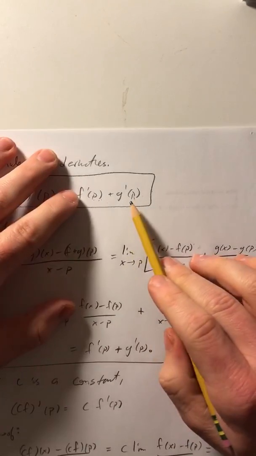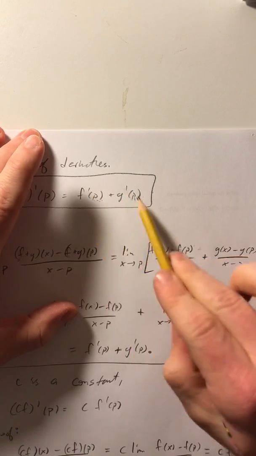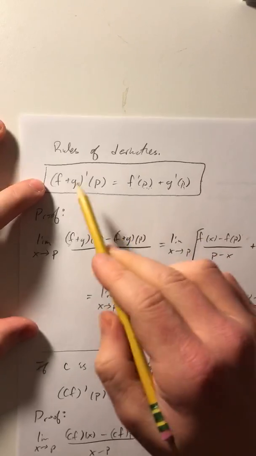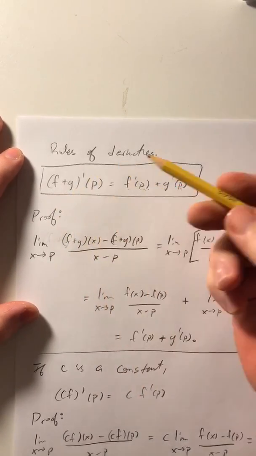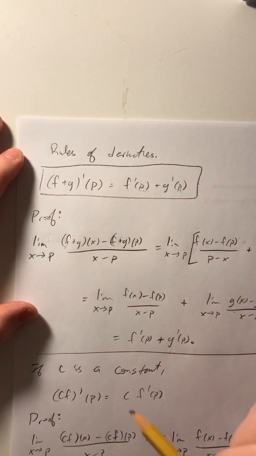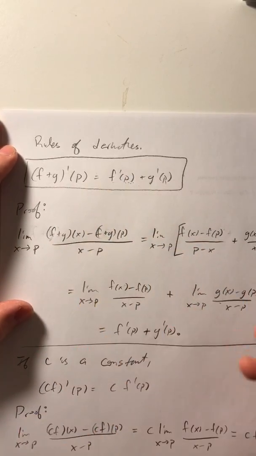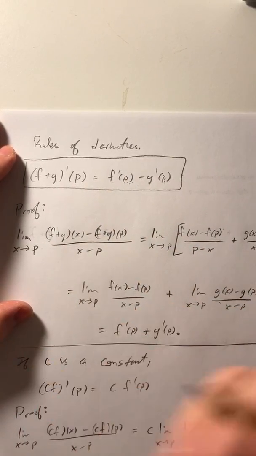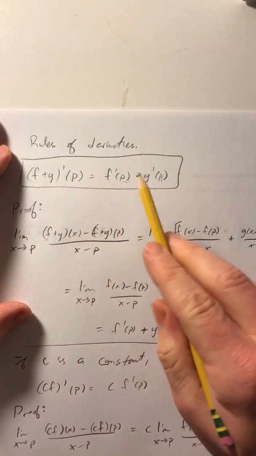So on the right side, I'm taking a derivative of f, I'm taking a derivative of g, and then I'm adding two numbers. On the left side, I'm adding a function f plus a function g, and then I'm taking the derivative. So on both sides of the equation, I'm taking a derivative and doing a sum, but the order changes. Here it's sum first and then derivative. Here it's derivatives first and then sum.